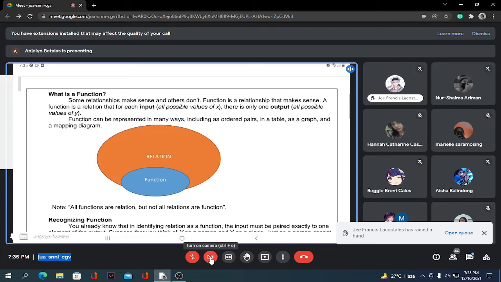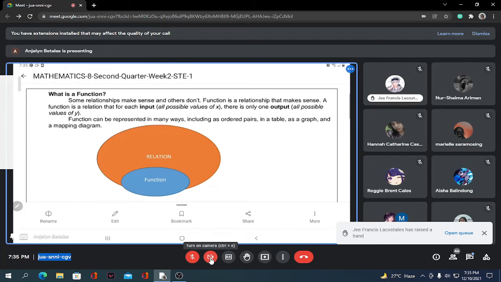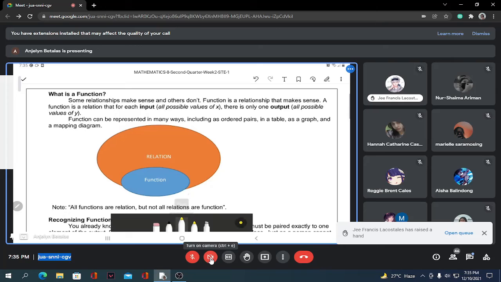A relation can be a function, but not always. What makes it a function? That is a relationship that makes sense.